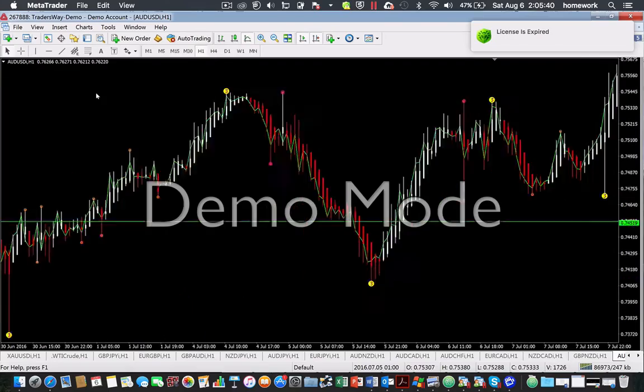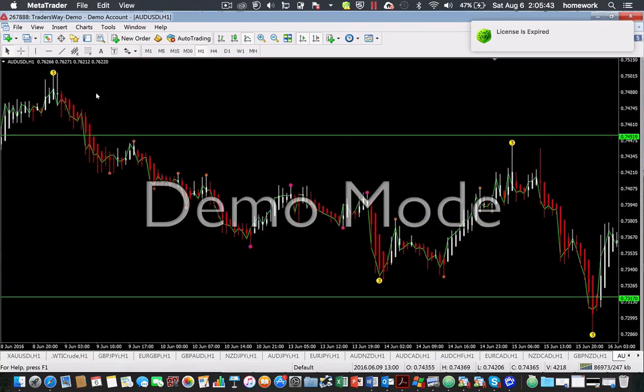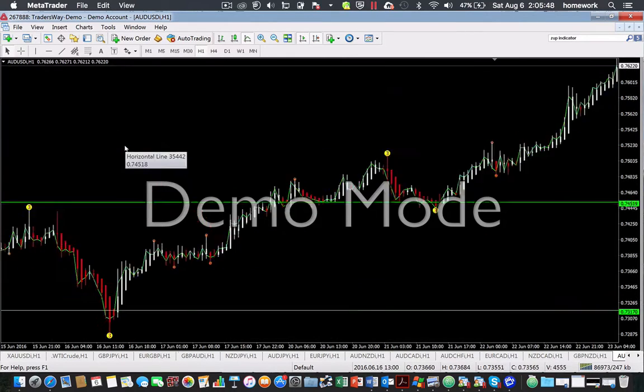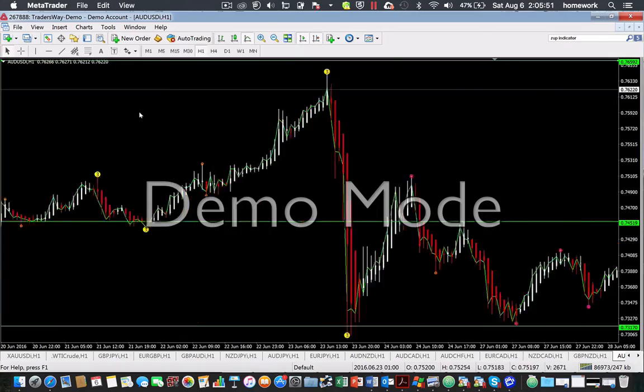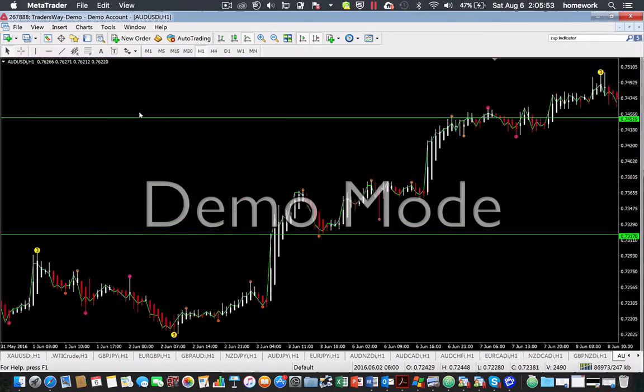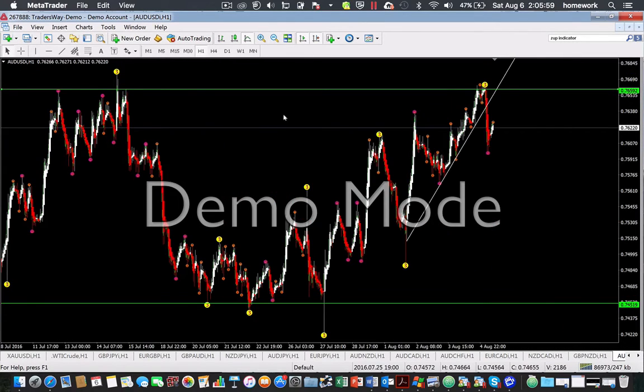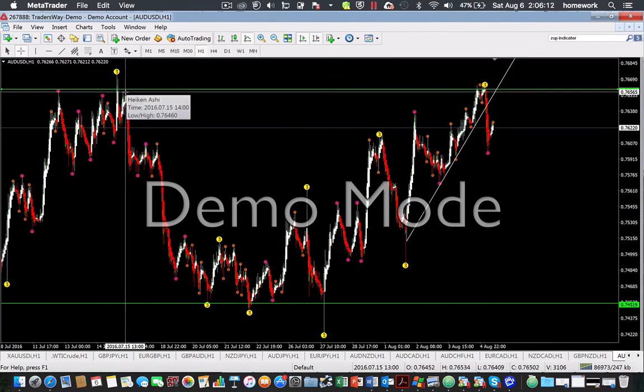Keep going, and it has not crossed that line. See, this is a new support right here. The resistance is up here, but the further I keep going down, the more it disappears. But if I see, it has not crossed this line for a very long time. It has not touched it since July 15th.